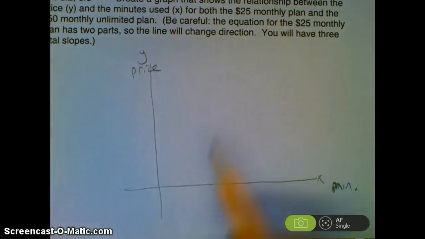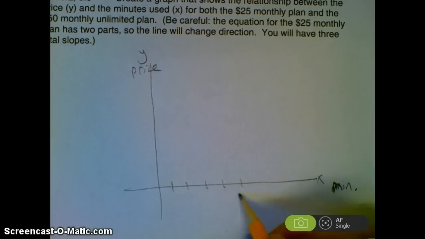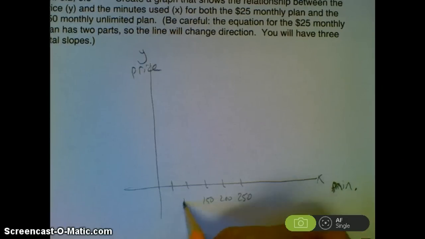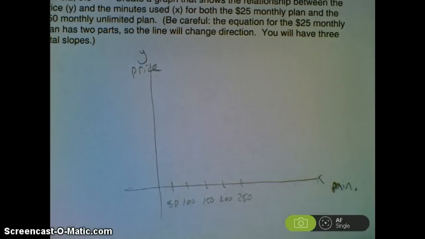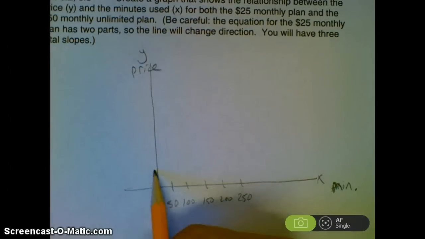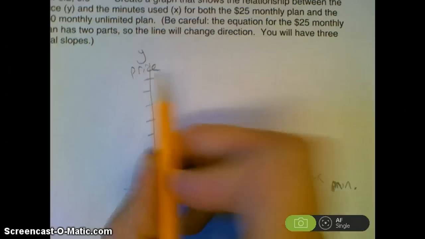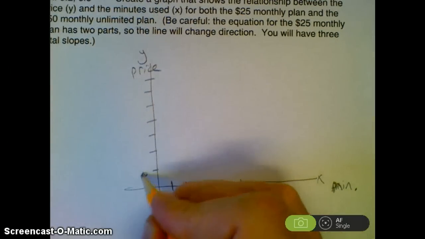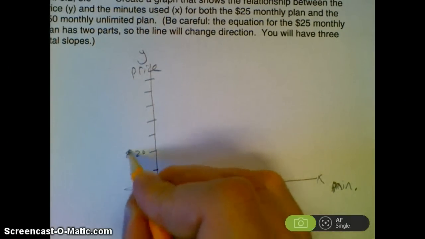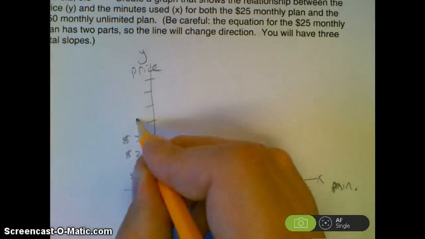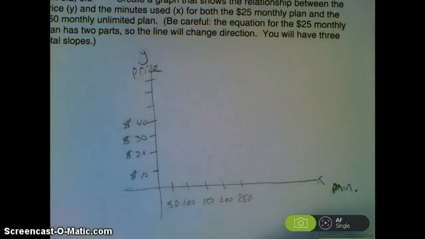So say a $25 plan, you could go by like 10, 20, probably want to go 50s. 50, 100, 150, 200, 250. And let's say $10, $20, $30, $40, $50, $60, $70, and so on.